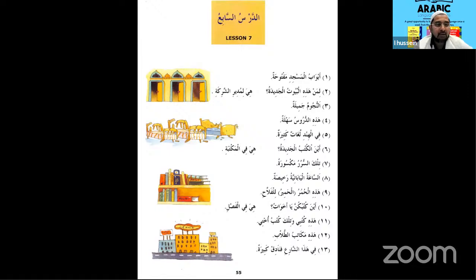The subject is coming later. So lughatun, because it does not have alif lam, is coming after the predicate. Normally it's subject and predicate, but in this case, the predicate is coming first and the subject after. Kathiratun is the adjective describing lughatun. Lughatun is plural, but because it's non-rational, the adjective comes in the singular feminine form.